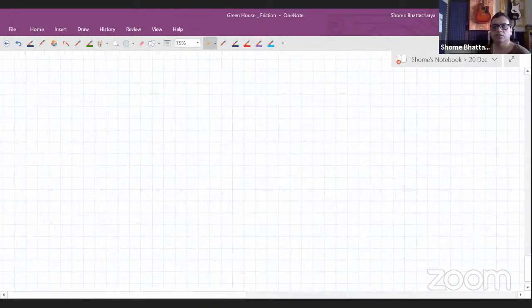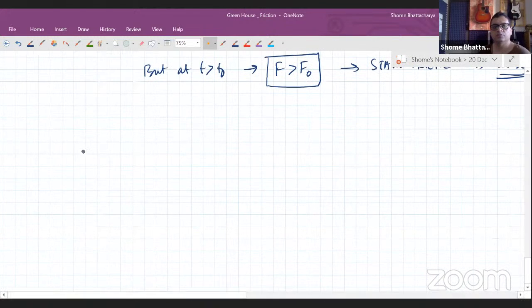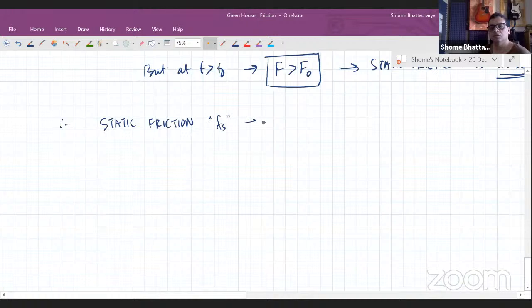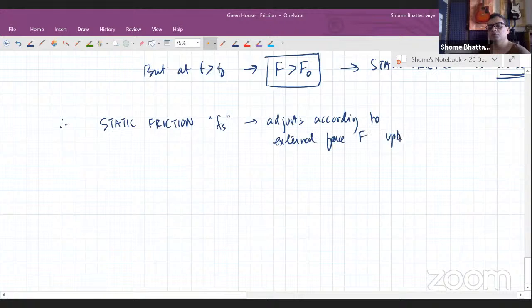So further now we can see that the observation is that therefore static friction adjusts itself according to the external force F, but up to a maximum limit.